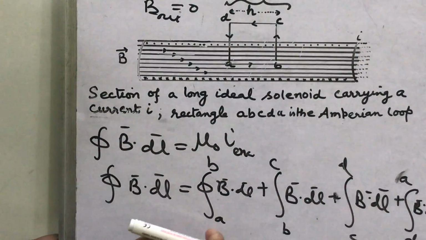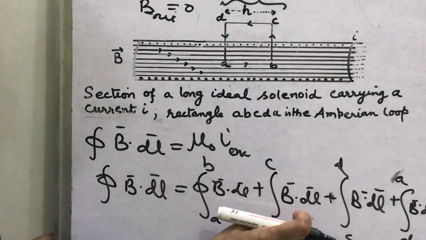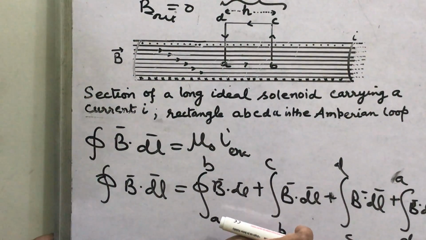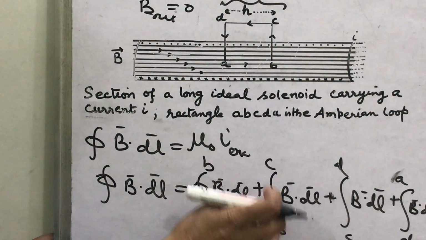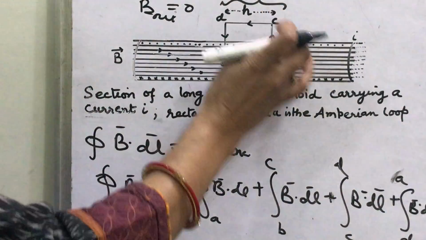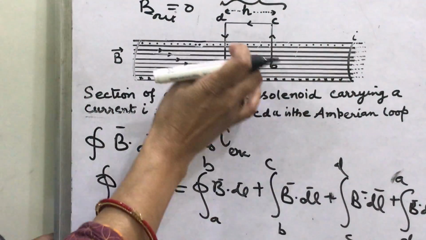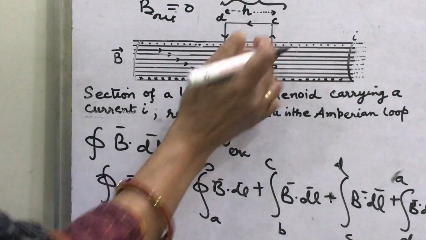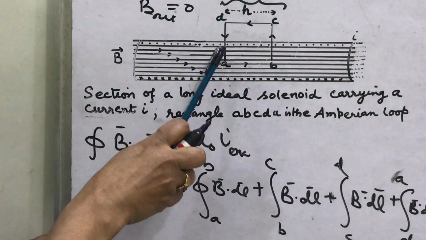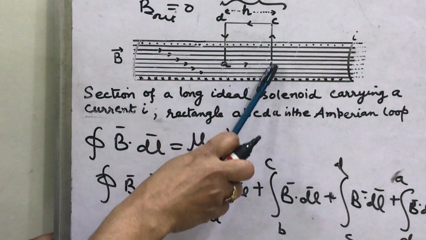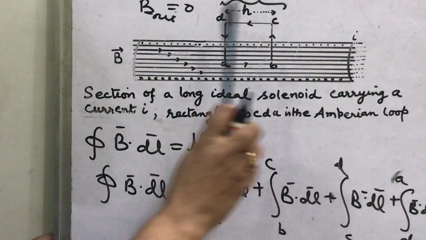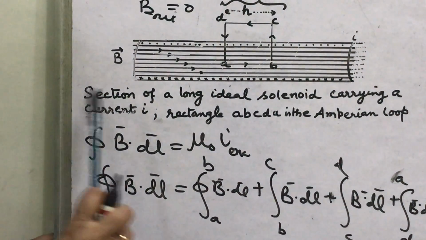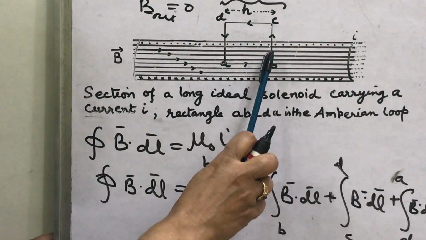Pay attention here that for the second and fourth terms, second means from B to C, and fourth is D to A. This is the length and this is the direction of magnetic field. Both are at 90 degrees.